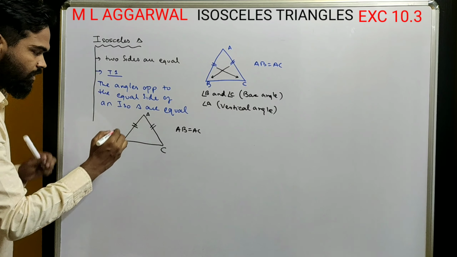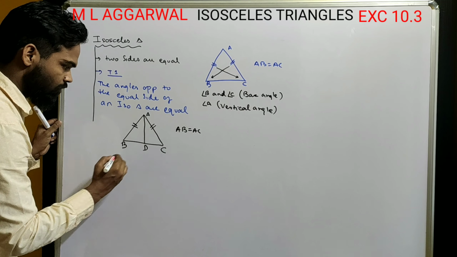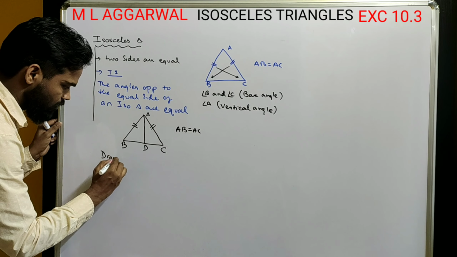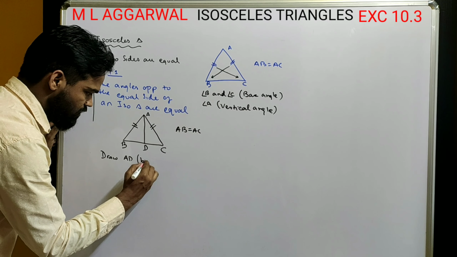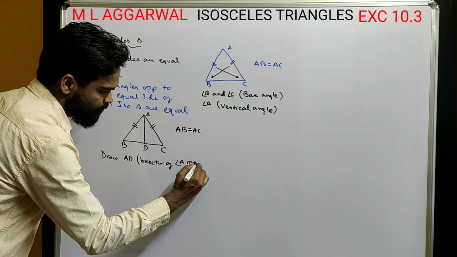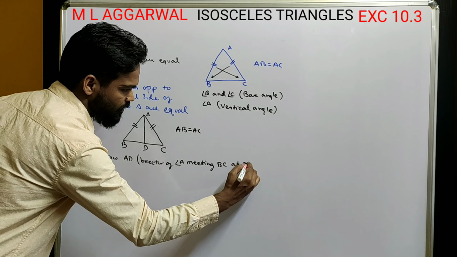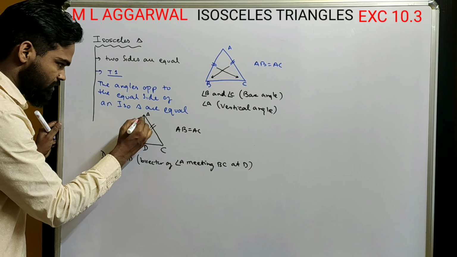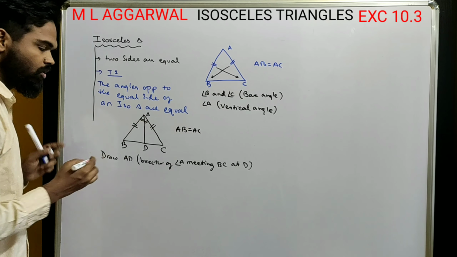Now what I'll do, I'll draw AD, which is the bisector of angle A meeting BC at D, which means this angle and this angle are equal.